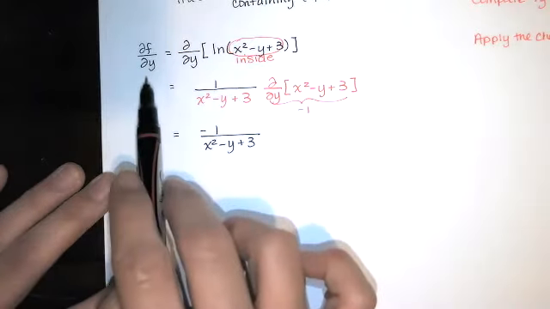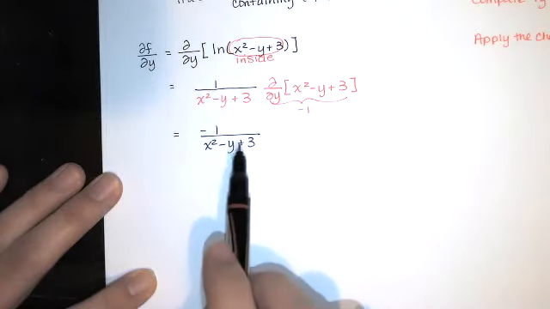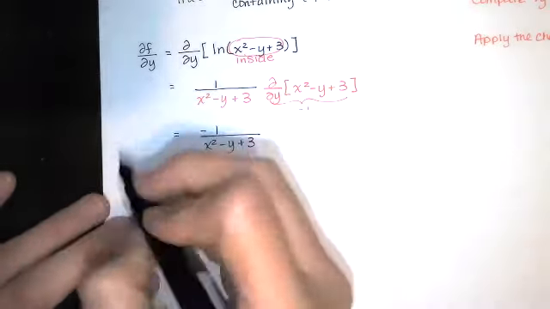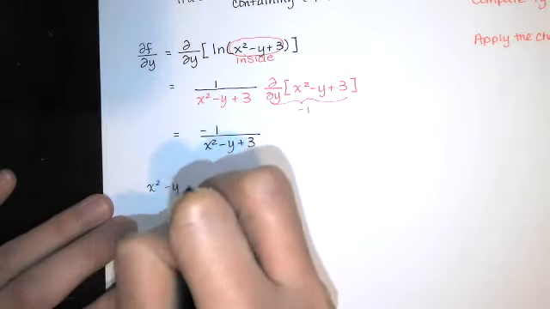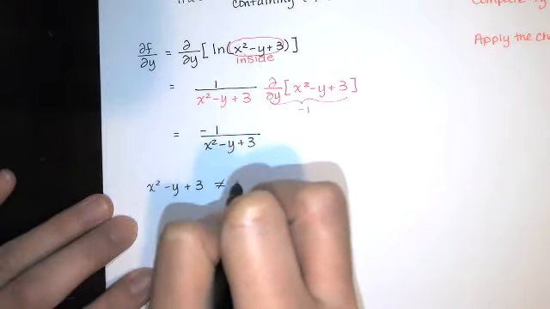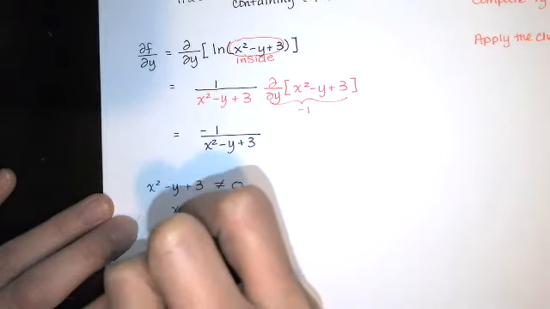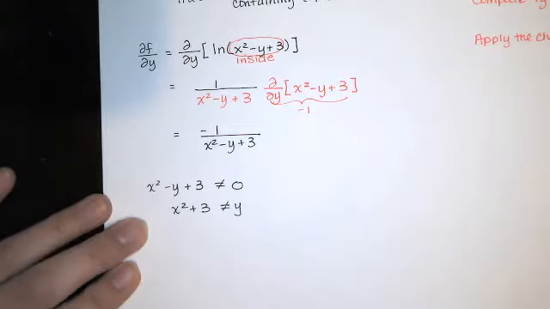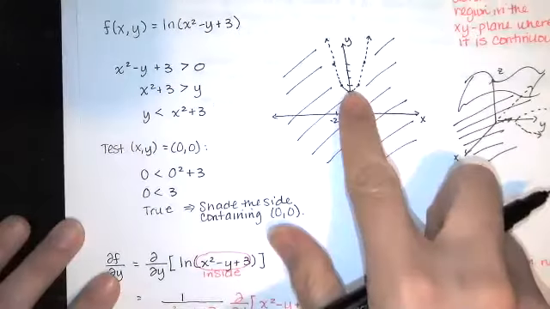So to find the region in the xy plane where this function is continuous, you just set this expression to be not equal to 0 and you solve for y. So we have x squared plus 3 is not equal to y. And actually that's consistent with what we had up here.